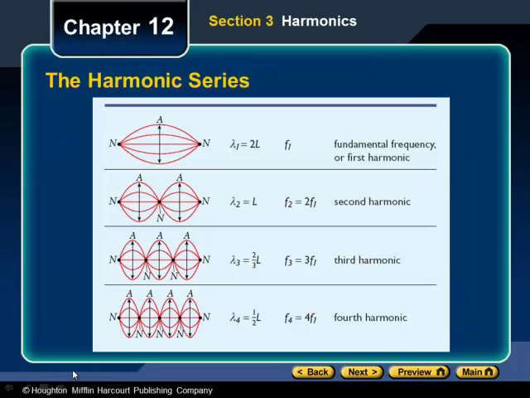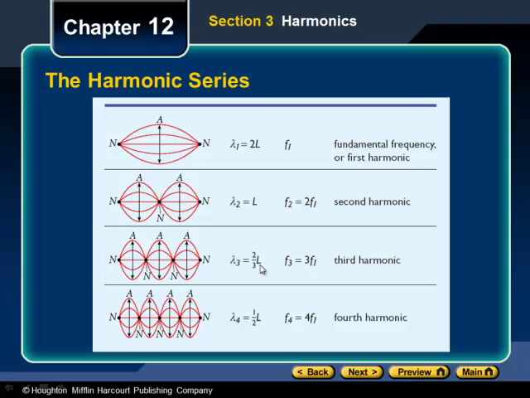And so here you see a graphic representation of the first four harmonics in a series where n equals 1 in this case, 2 in this case, 3, and 4. And this formula should look familiar to you. But in this case, the wavelength is 2L.